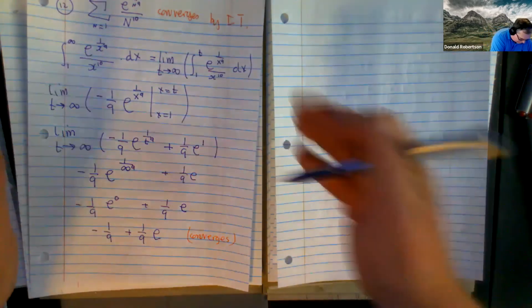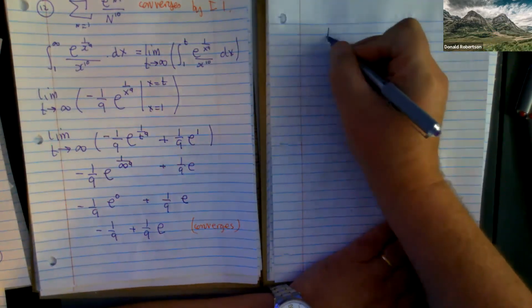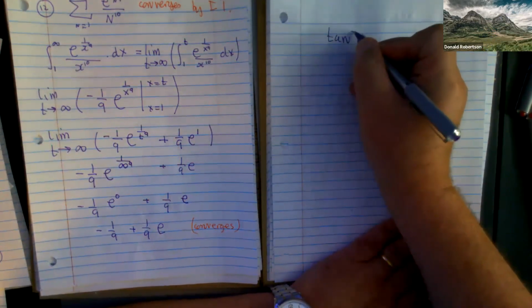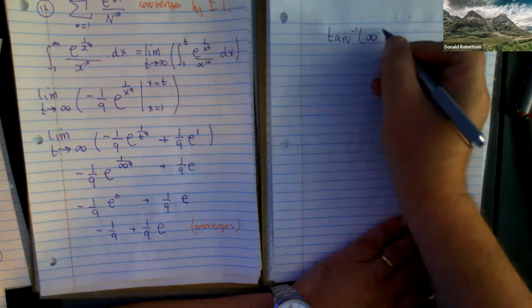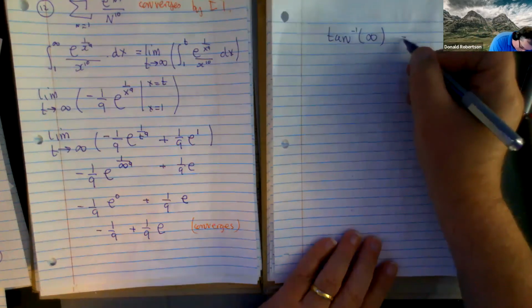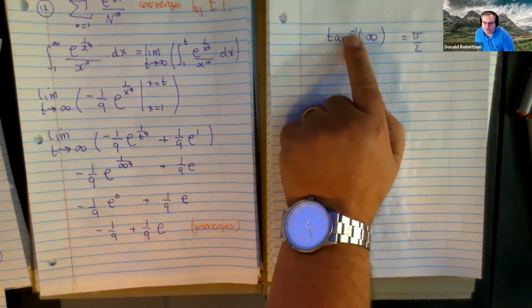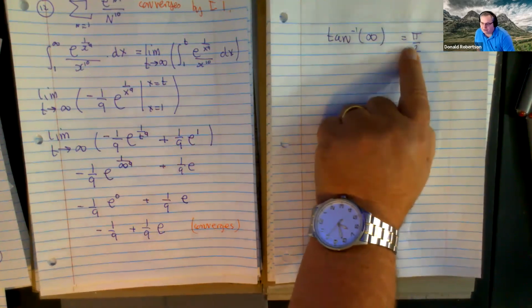Before we finish for today, let me show you some interesting brute force situations. The inverse tan of infinity is not infinity. The inverse tan of infinity is in fact pi over 2, because what you're finding here is what angle has a tangent of infinity, and that answer is pi over 2.